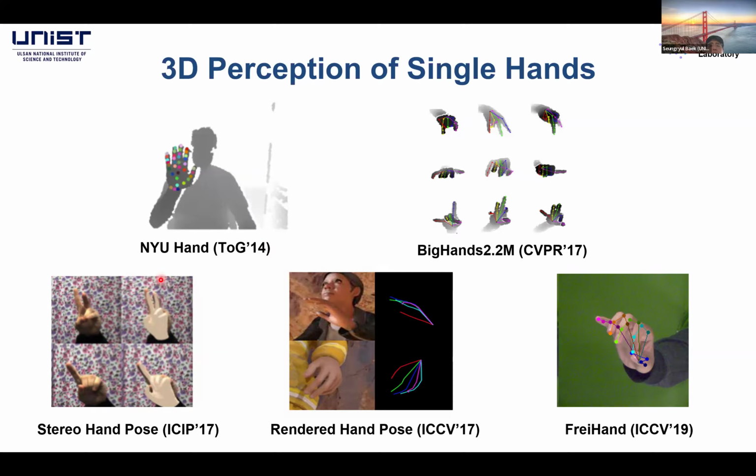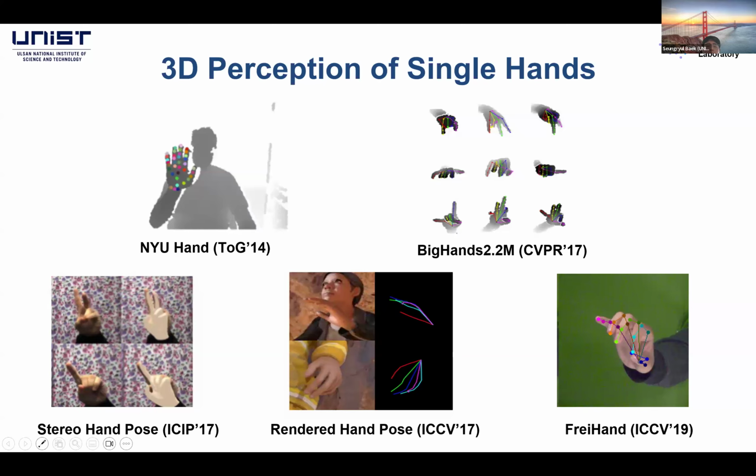Anyways, previously, in the early 2010s, depth-based approaches prevailed, but later, RGB-based pose estimation became popular because RGB cameras are ubiquitous and the problem is more challenging.